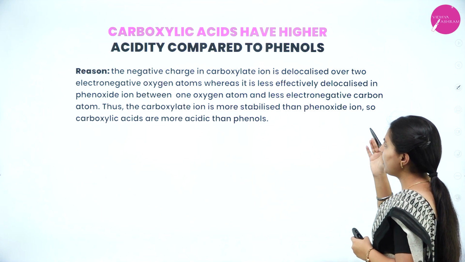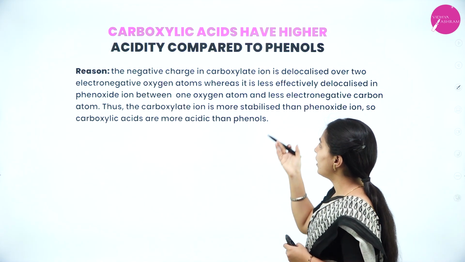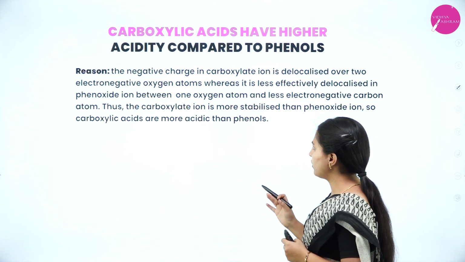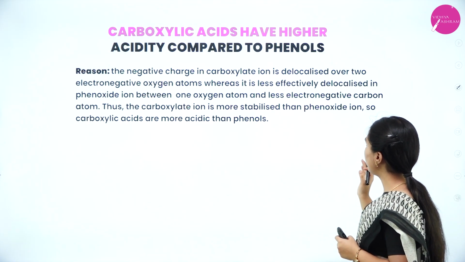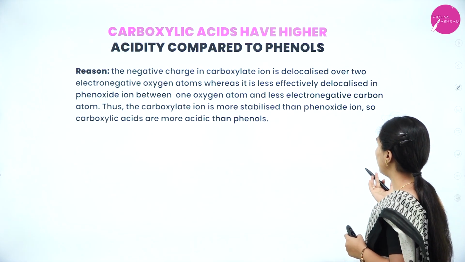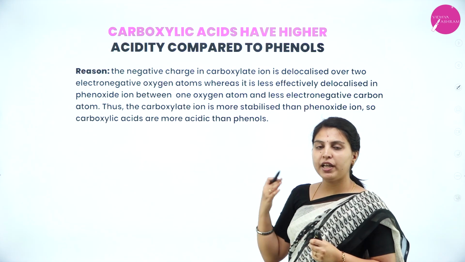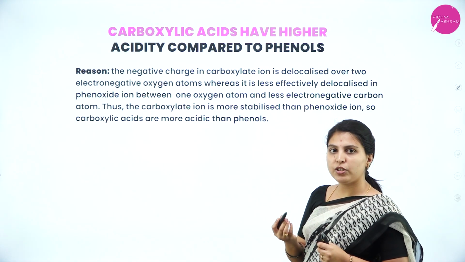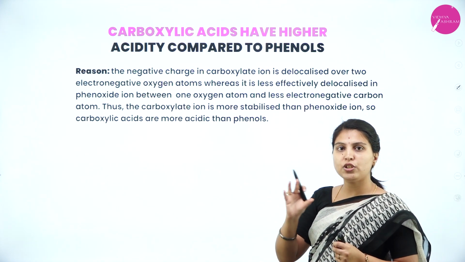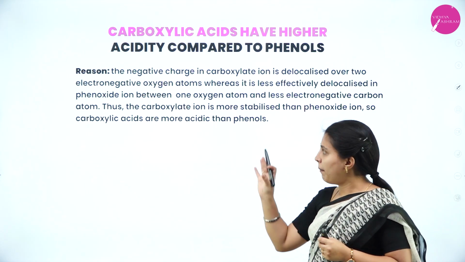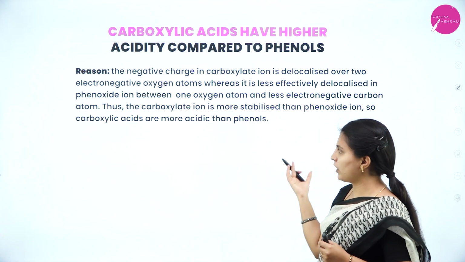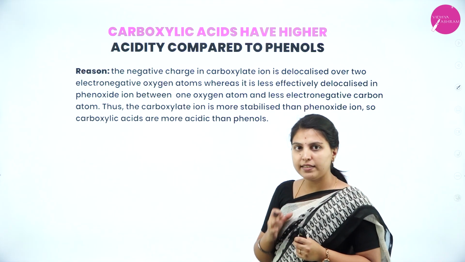Carboxylic acids have higher acidity compared to phenols because the negative charge in the carboxylate ion is delocalized over 2 electronegative oxygen atoms, whereas it is less effectively delocalized in the phenoxide ion between 1 oxygen and a less electronegative carbon atom.